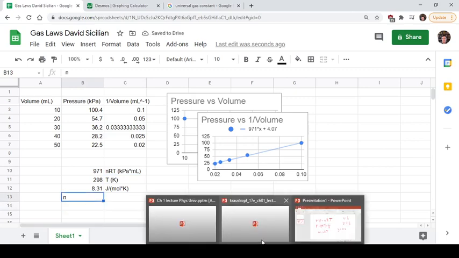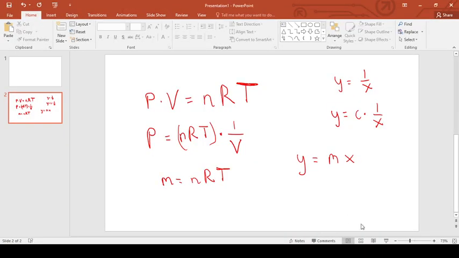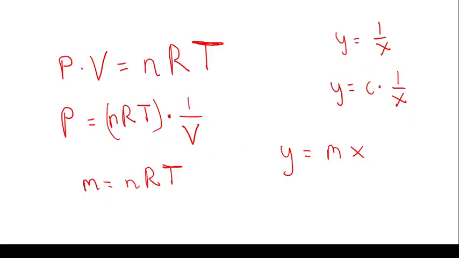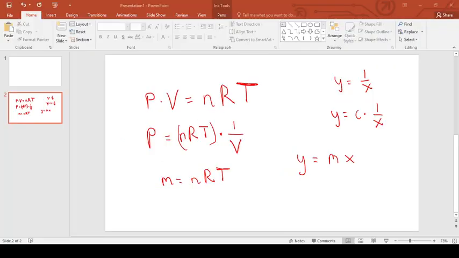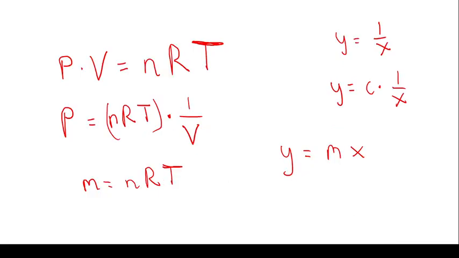And let's go back to our scratch pad here. So what we have is this quantity, nRT. So in order to get just the number of moles, and let's see, this was equal to, okay, so this was equal to 971.